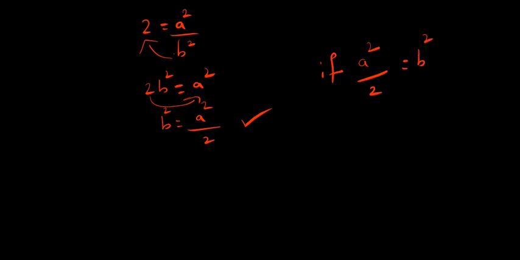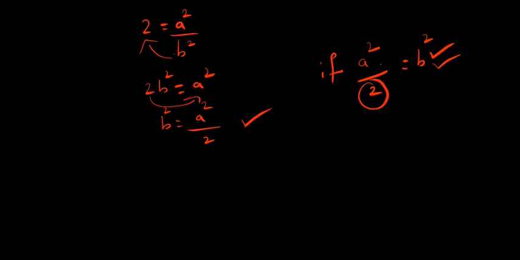That is, it is indicating that a square is divisible by 2. We can divide a square by 2 such that we get the answer b square. First one: a square divisible by 2.